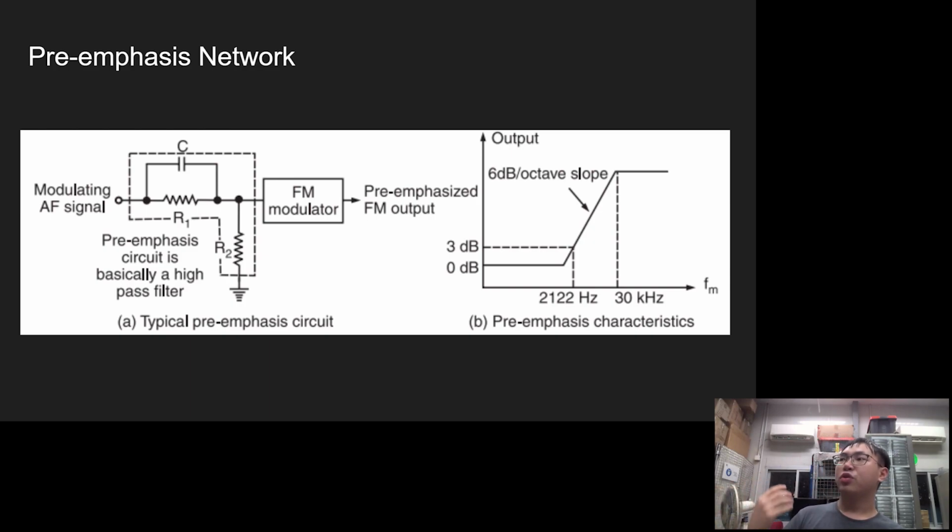If you don't match, you cannot de-emphasize the signal, and your audio becomes very strange. That's why you have to follow this emphasis curve. So you see that from 2122 Hz to 30 kHz, you have a 6 dB per octave slope. Okay, 6 dB stronger per octave. Yes, this is how they do it.